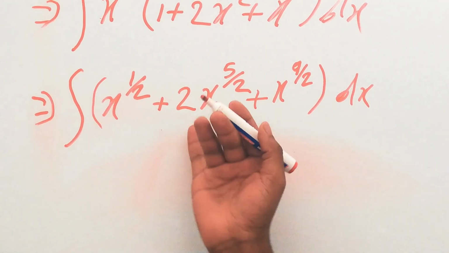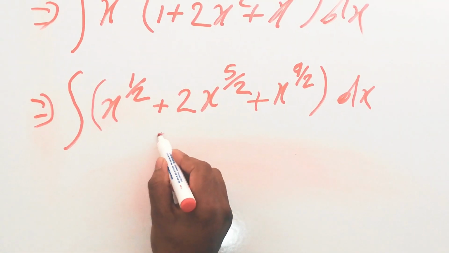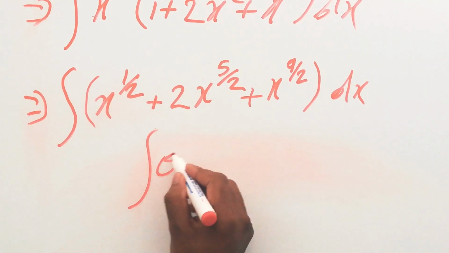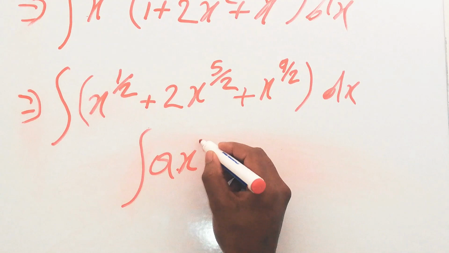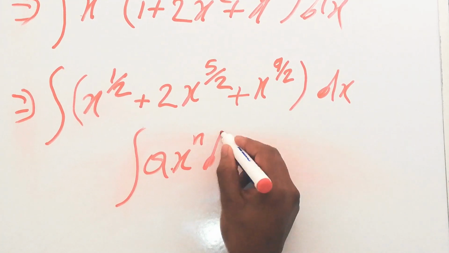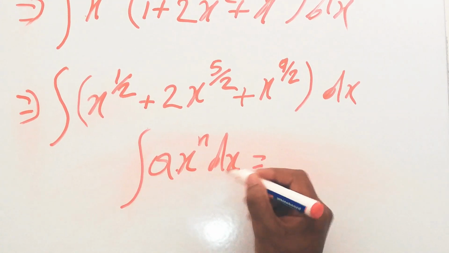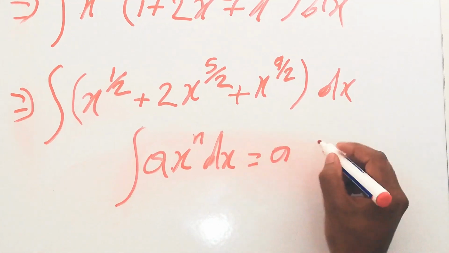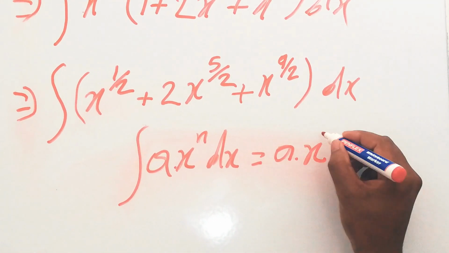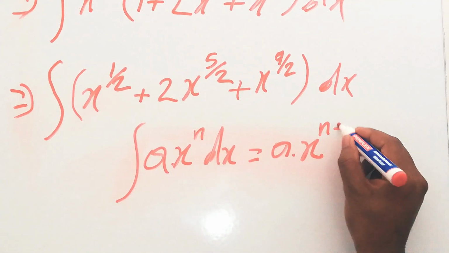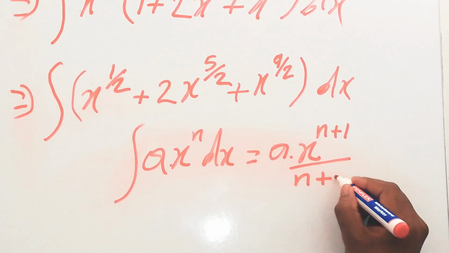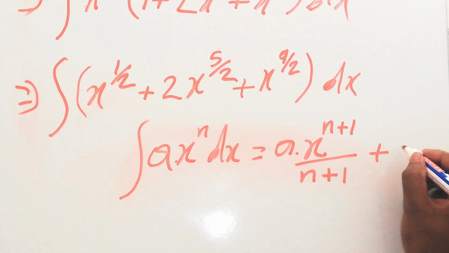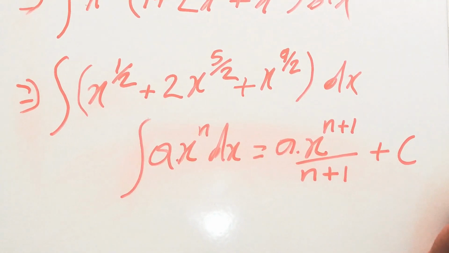This brings me to the general solution of the integral that I showed earlier: a times x exponent n, dx, is equal to a times x exponent n plus 1 over n plus 1, plus a constant, right?